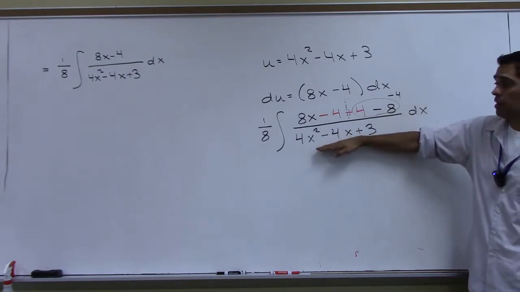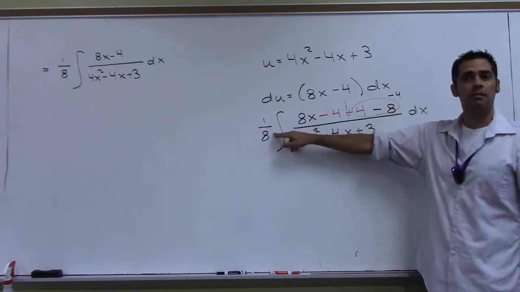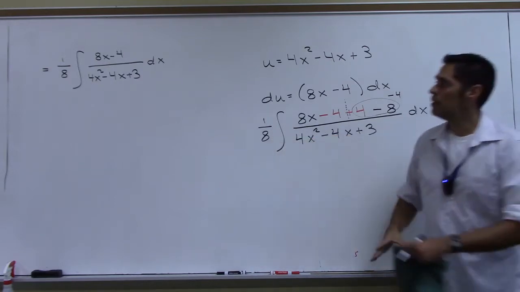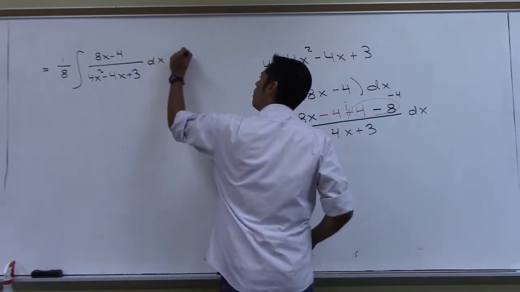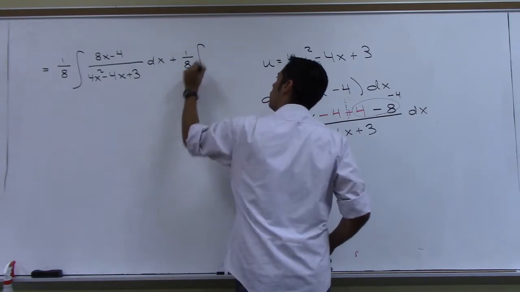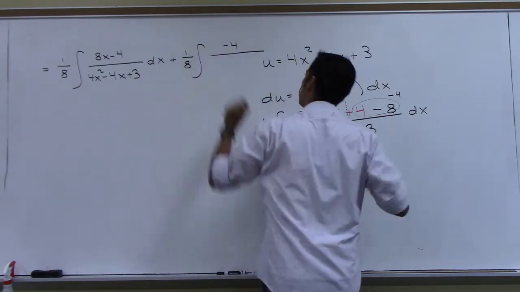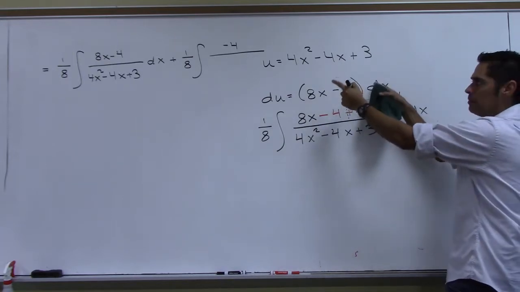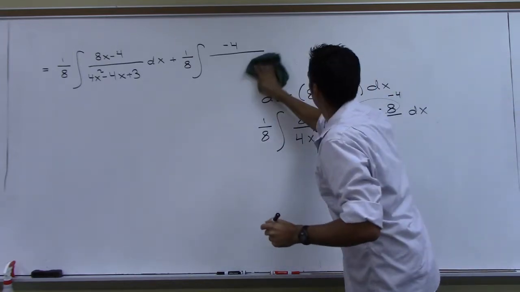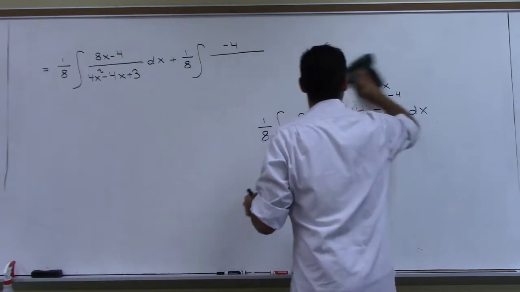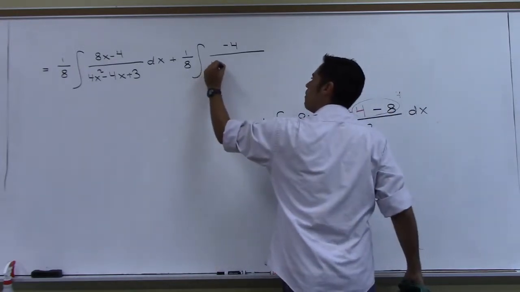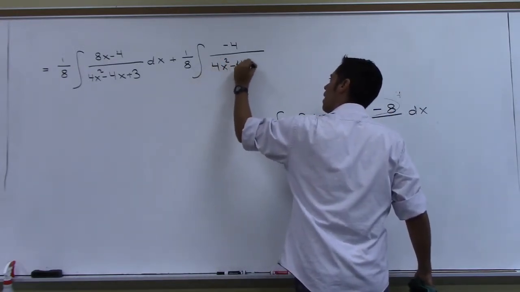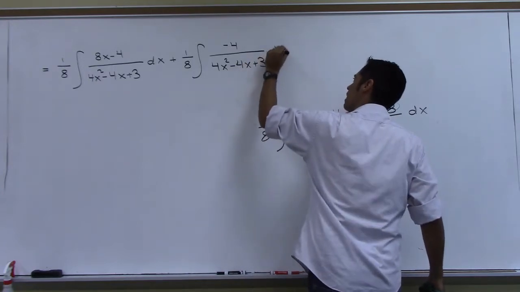And then what's in front of the whole integral? 1/8. Yeah. So I have plus 1/8 integral. I have a -4 over. I don't want to erase this, but just remember that, okay? Remember that? Over 4x squared minus 4x plus 3 dx. We good?